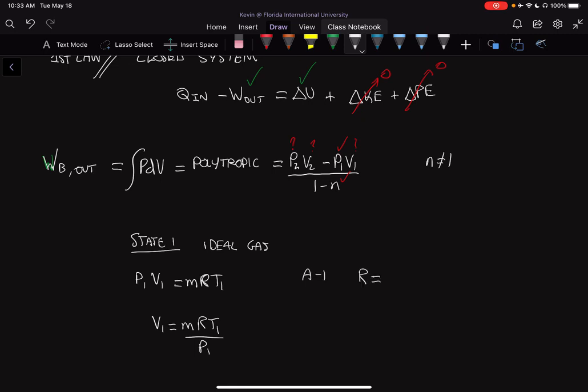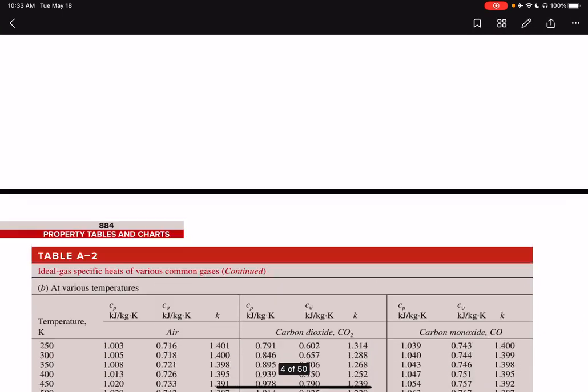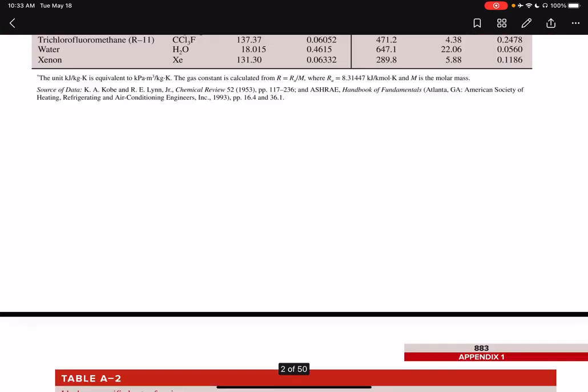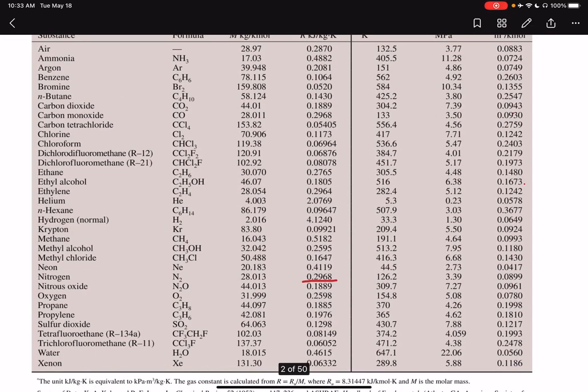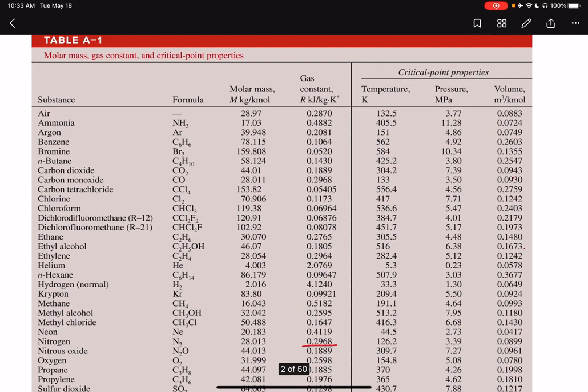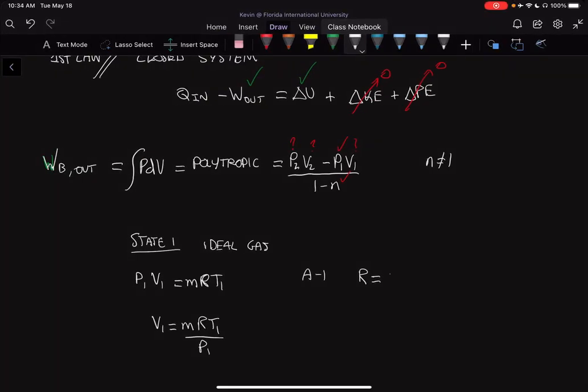So let's go to table A1. If we go to table A1, we have that R is equal to 0.2968. This is the gas constant for nitrogen, which is already underlined. Okay, and then we have all the terms, so we're just going to write the terms out.